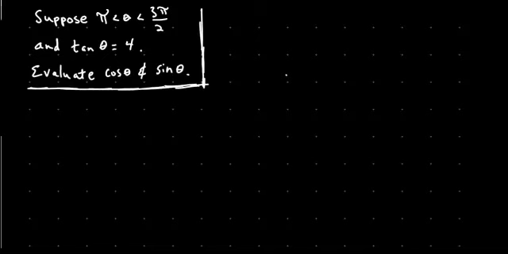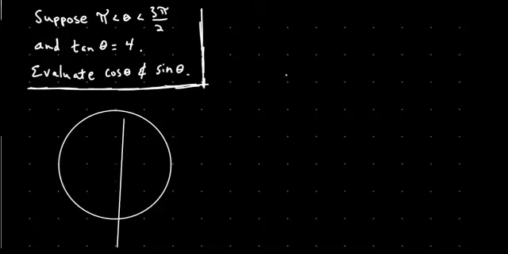So, first, let's draw a unit circle and just get an idea of what we're talking about here. The tangent of theta equals 4, and theta is between pi and 3 pi over 2, so we know theta is over here.